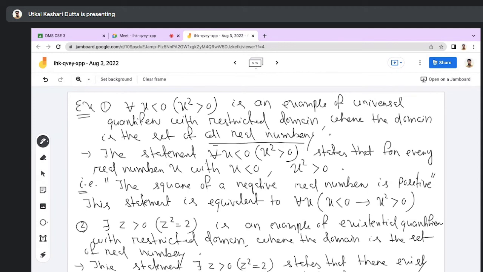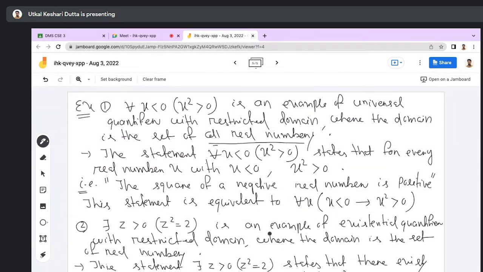Any idea? See, there exists z. The given statement is equivalent to there exists z, z is positive as well as z square equal to 2. That means the given statement will be same as there exists z, z is positive and z square equal to 2.